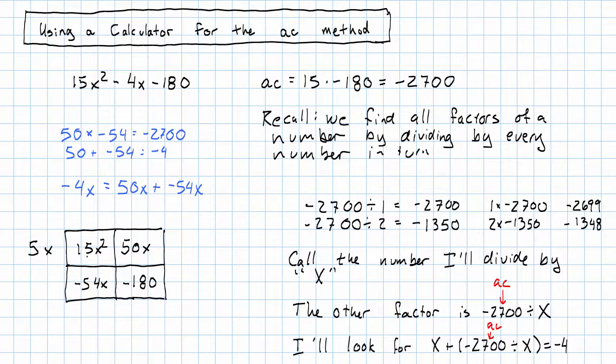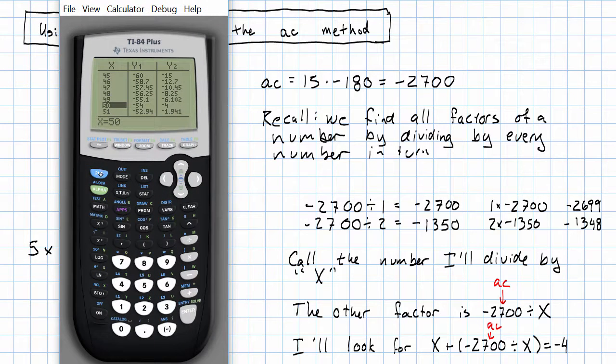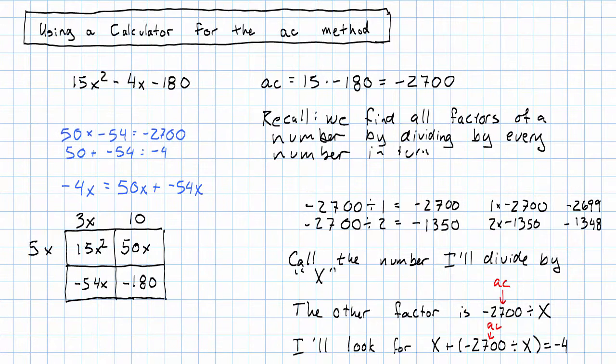5x times what is 15x squared? 5x times 3x. 5x times what is 50x? 5x times 10. Okay. 3x times what is negative 54x? Let's see. Negative 54 divided by 3 is negative 18.